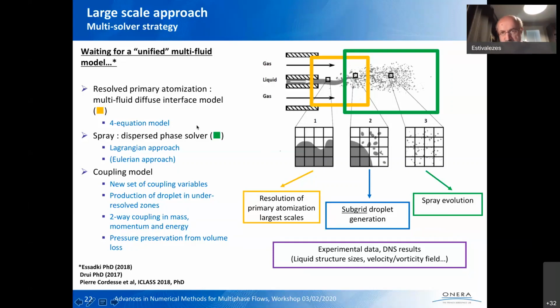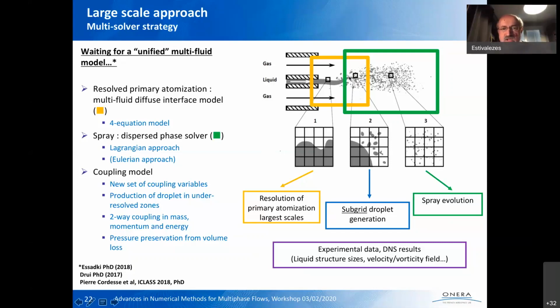Then when you go downwind of this zone, you unrefine the grid thanks to unstructured grids, which makes it quite simple to change the resolution of the grid.